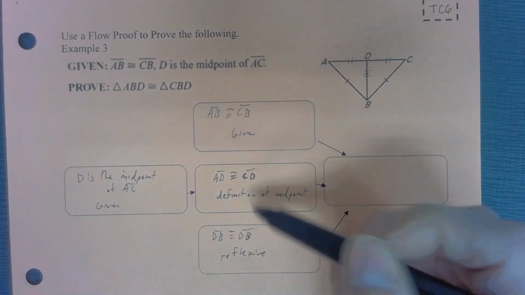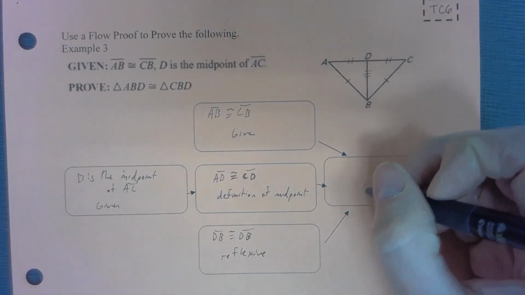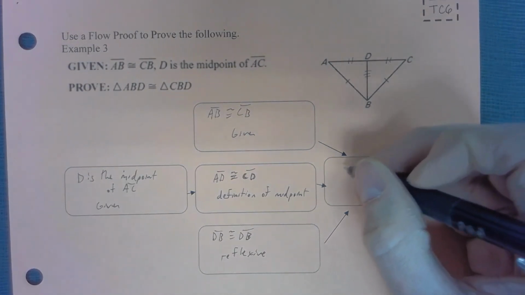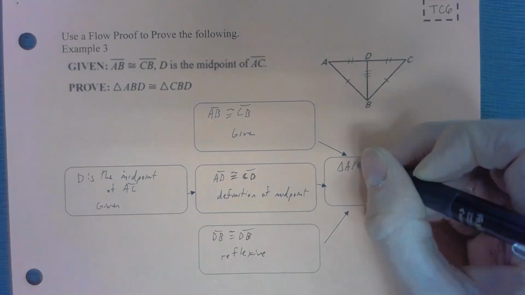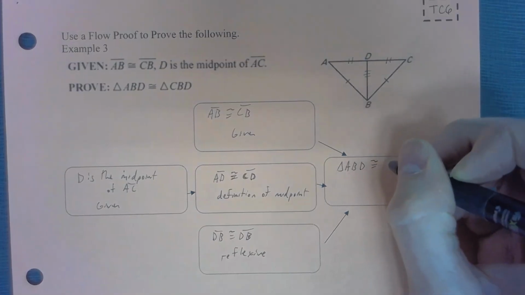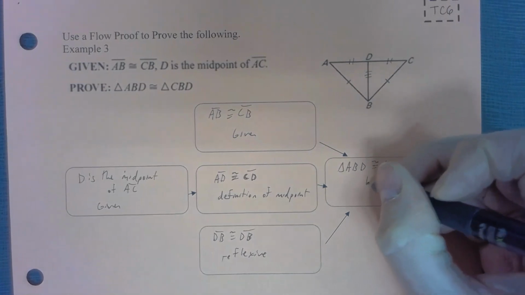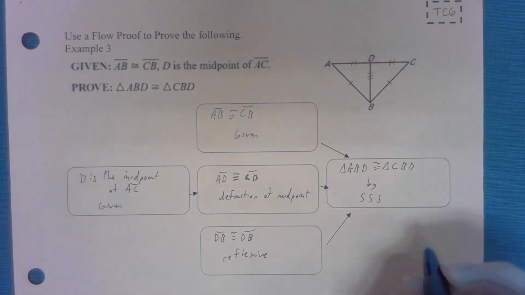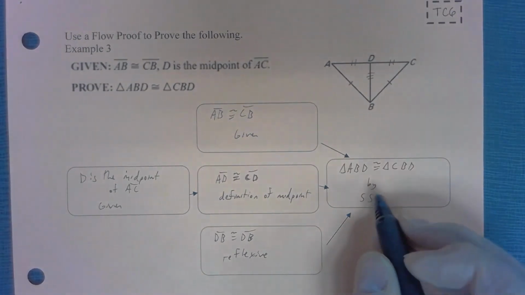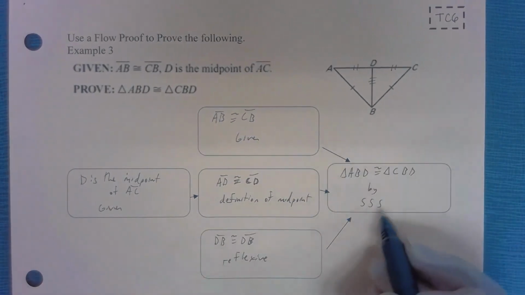So we have a side, and another side. That is going to be the SSS congruence postulate. So triangle ABD is congruent to triangle CBD by SSS. Okay, so we have our statement and our conclusion.